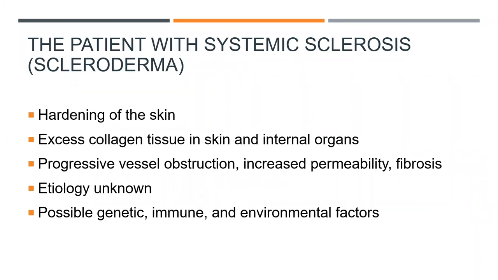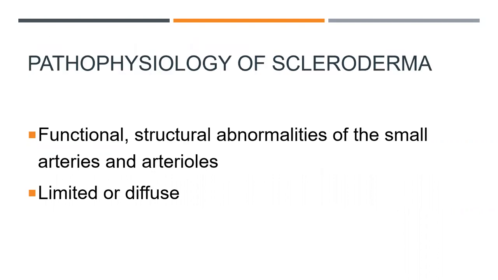Pathophysiology: what happens to cause scleroderma? Scleroderma creates changes in the skin and internal organs, and this causes systemic sclerosis that's caused by overproduction of collagen by the fibroblast.